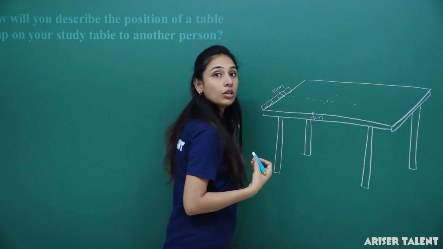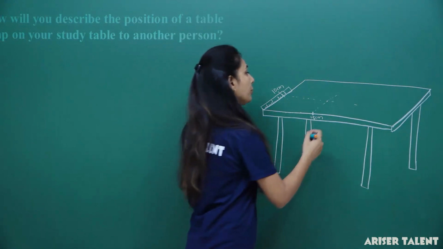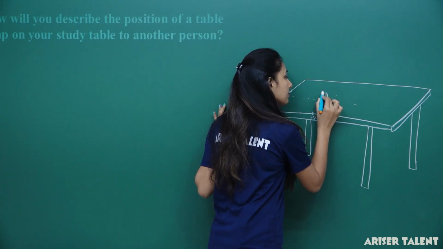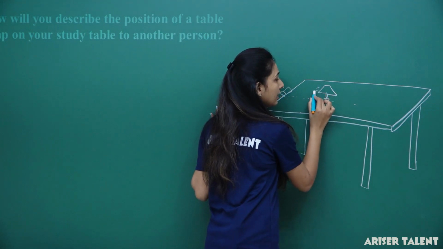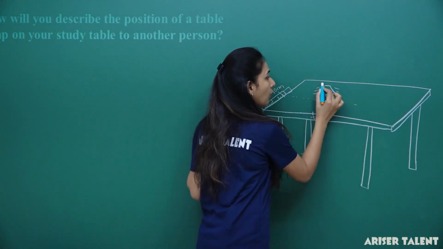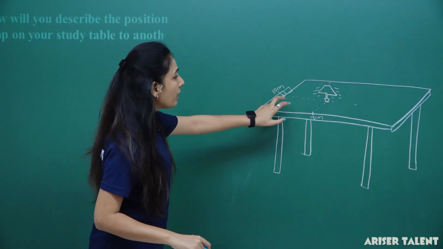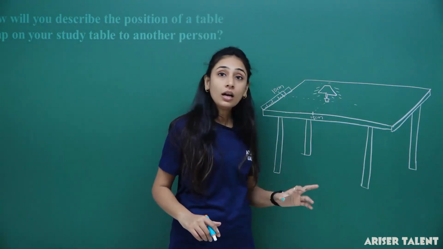Here, at that particular point where these two measurements cross, you put your lamp. You first went to 10 centimeters and then went to 15 centimeters to put your lamp.